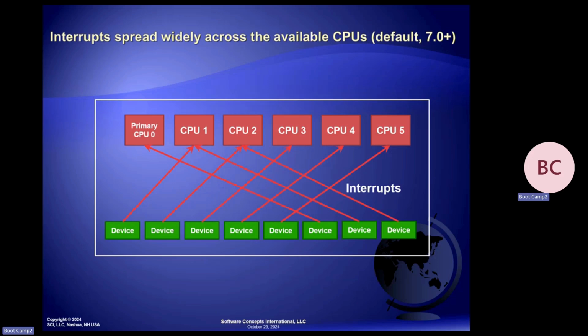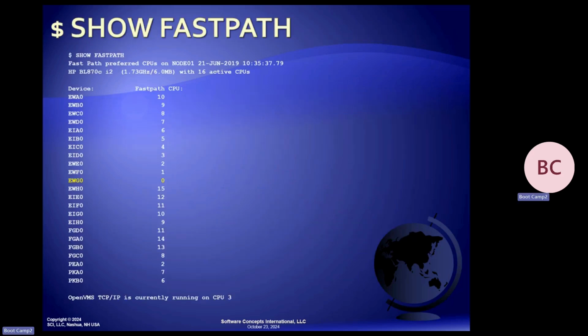When you have that sort of thing, you'll see a display something like this, where you see a sequential range of CPU numbers, so it's spread all over. So each NIC gets a different CPU.